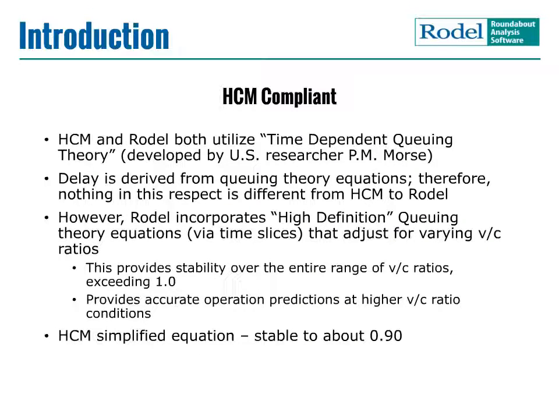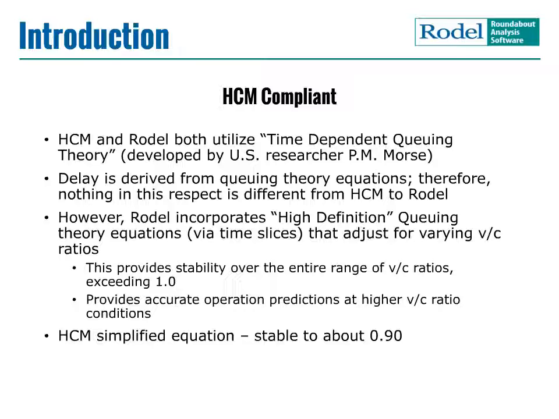It's fully HCM compliant. HCM and Rodel both utilize what's called time-dependent queuing theory, as developed by a U.S. researcher long ago. Delay is derived from the queuing theory equations. Therefore, nothing in this respect is different from HCM to Rodel. However, Rodel incorporates what's known as high-definition queuing theory equations via time slices.